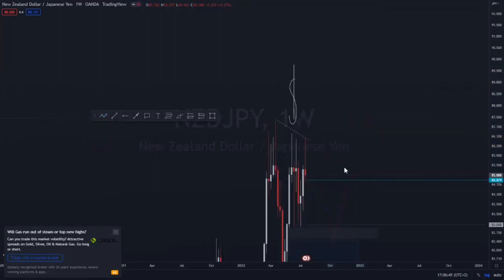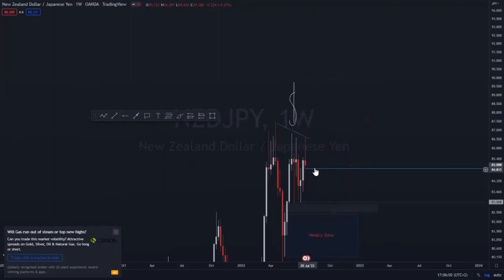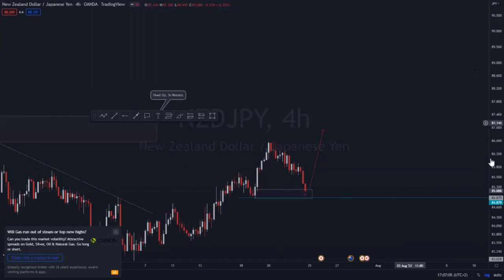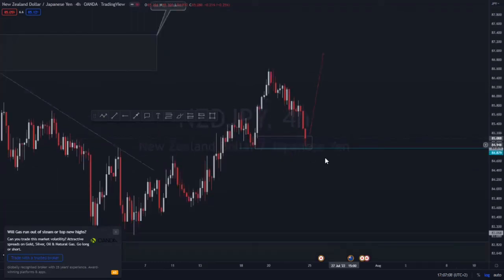But if we get a liquidity sweep here, we can expect then the second scenario, right? So this zone over here or this level over here is actually a deciding factor. And we can only see how the market responds to it if we pay attention in the coming week.